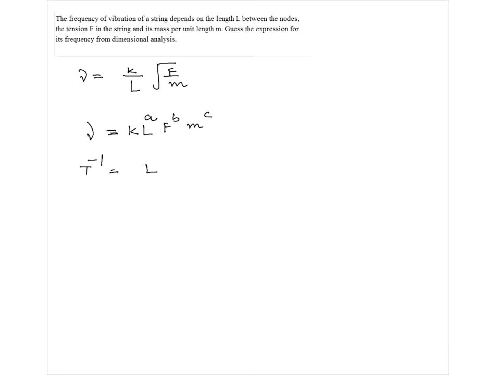Length is length. Tension is force, but surface tension is not force. Surface tension is force per unit length. But most of the time you will hear tension, and that could mean force. So MLT minus 2. Small m is not mass, it is mass per unit length.